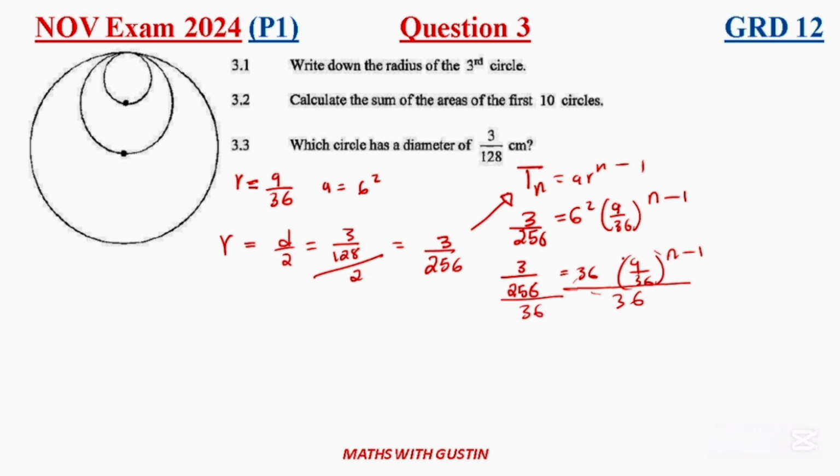All right, great. So now when we come here, we can say 3/256 all divided by 36.